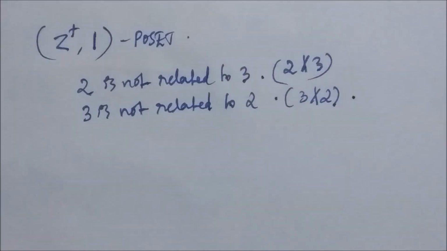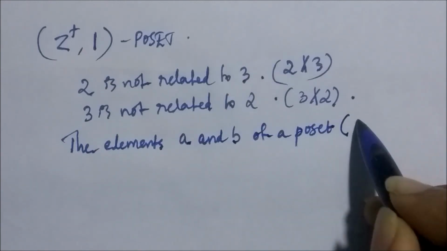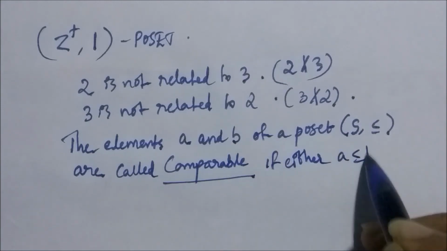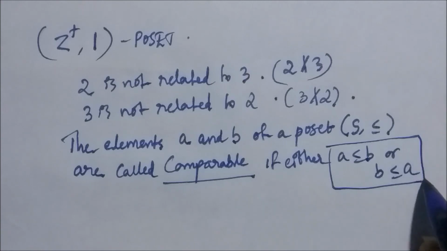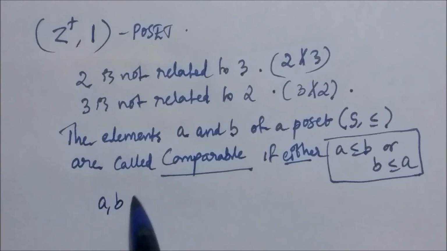So that's the point. The elements A and B of a poset (S, ≤) are called comparable if either A ≤ B or B ≤ A. Meaning that if you take any elements A and B, A should be less than or equal to B or B should be less than or equal to A when the relation is less than or equal to. So when either A is related to B or B is related to A, we say that these two elements are comparable.